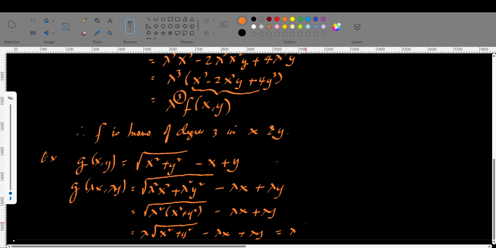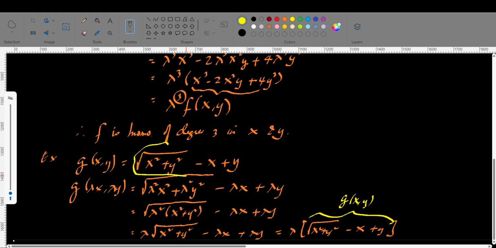We factor lambda, and we'll be getting lambda times the square root of x squared plus y squared minus x plus y. Again, as we can see, this expression is exactly our g of xy. Right? That is exactly g of xy.